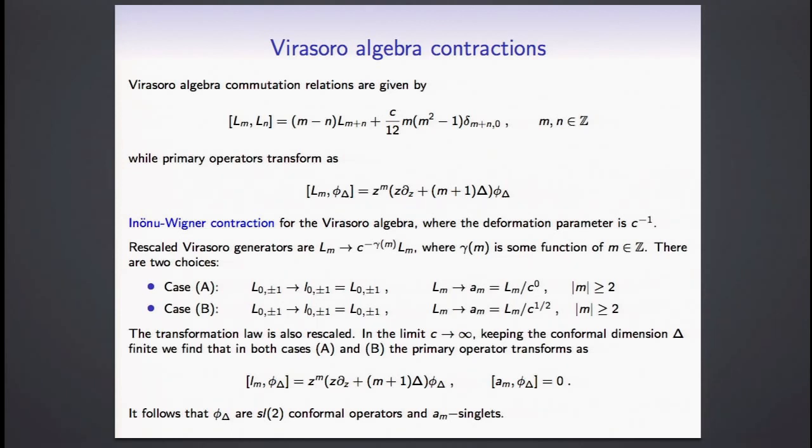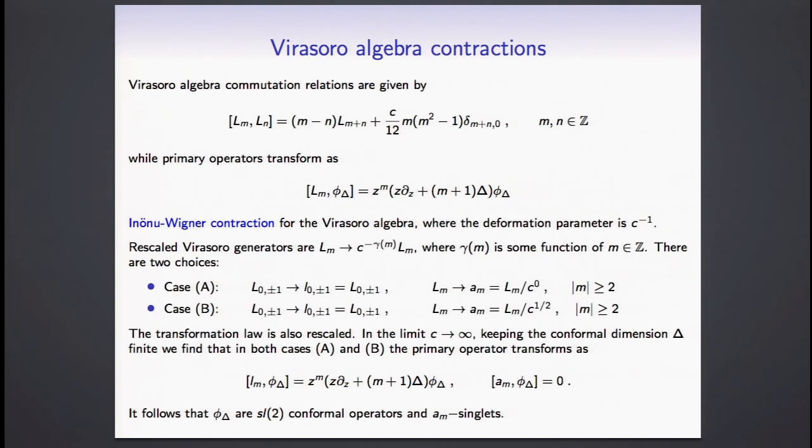from the Poincare algebra. In our case, the Virasoro algebra is parameterized by the central charge. So sending to zero the inverse central charge, we can study various contractions. Consider now general rescaled Virasoro generators, which are given by this expression where gamma is some function of the integer parameter m. Then we distinguish between two main choices when the Virasoro generators are rescaled in this way.